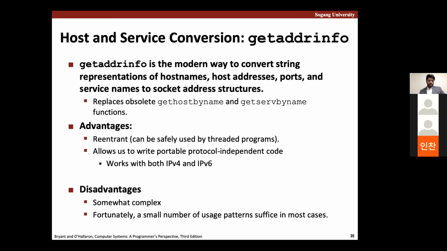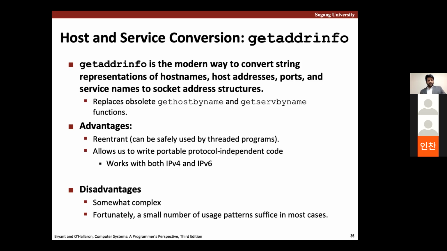So previously, people used to invoke these gethostbyname and getservbyname methods, and there are certain advantages of using get address information: it's re-entrant and can be safely used by threaded programs. It's thread safe, so you do not have to worry when your program is complex and multi-threaded.